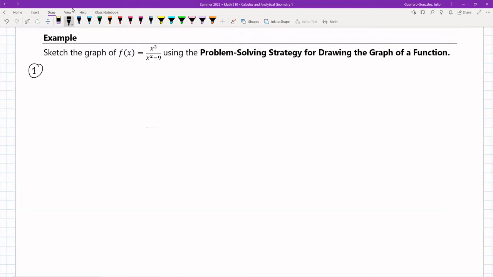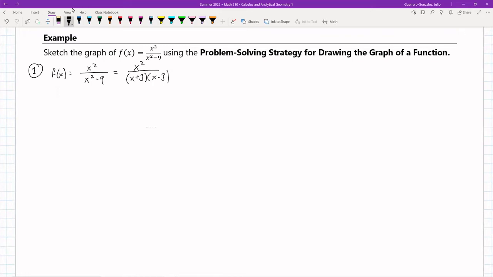So here's my f of x, x squared over x squared minus 9. Whenever you try to find the domain with something like this, try to factor it out. So x squared over x plus 3, x minus 3.